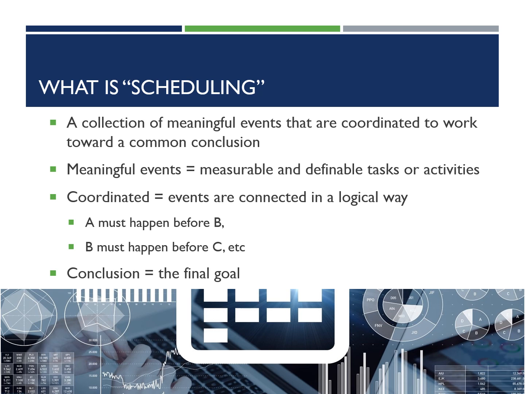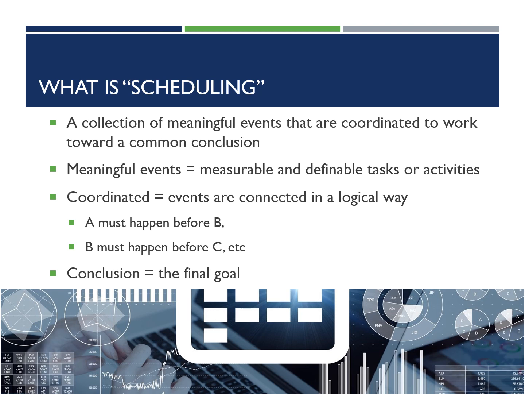What does it mean for those particular activities to be coordinated? We connect all these activities in a logical manner. The examples that we have here are A must happen before B, B must happen before C, etc. It doesn't matter what you call these things, and it doesn't necessarily have to be A before B or B before C, but the important thing is that we know that there's a logical connection between these particular events, and those logical connections are what we would call predecessors and successors.